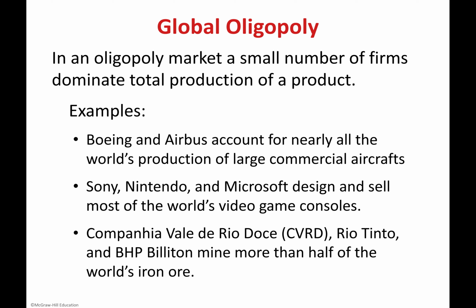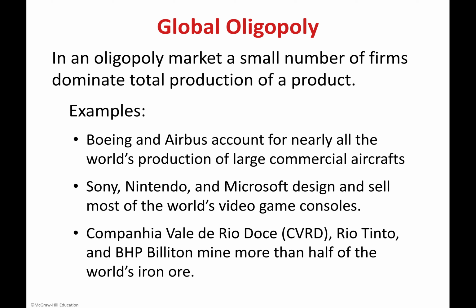Now, we can also look at a different structure, where you've got a very small number of producers, that's an oligopoly. So I would say the airline industry is a good example of that. Boeing and Airbus account for nearly all the world's production of large commercial aircraft. Video game consoles is another good example of a global oligopoly.